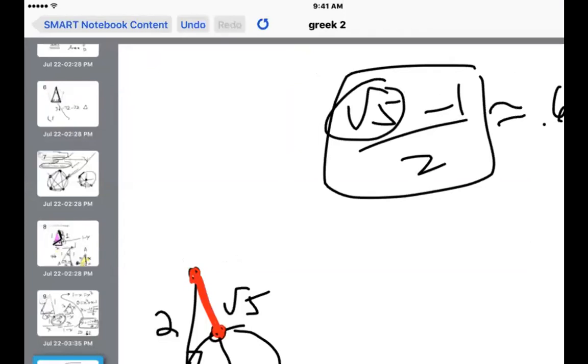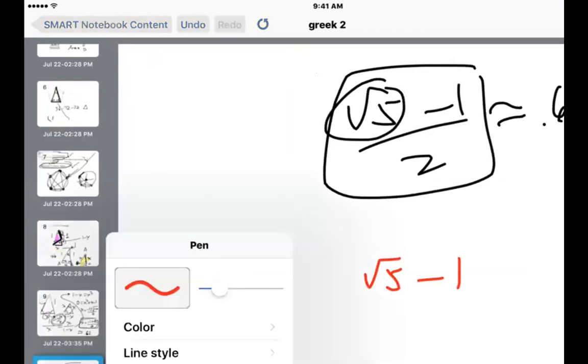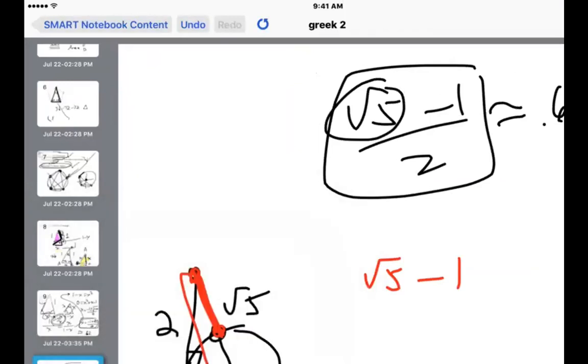Yes, you're right about that. It is, the red line is square root of 5 minus 1 because this whole thing is the square root of 5 and this little green piece is 1.